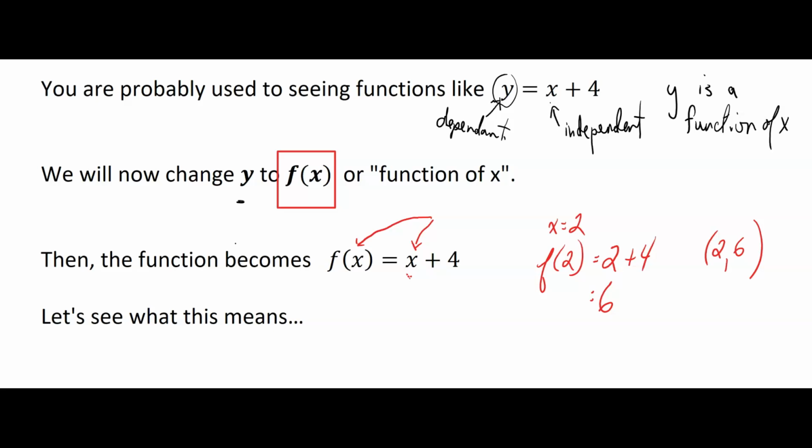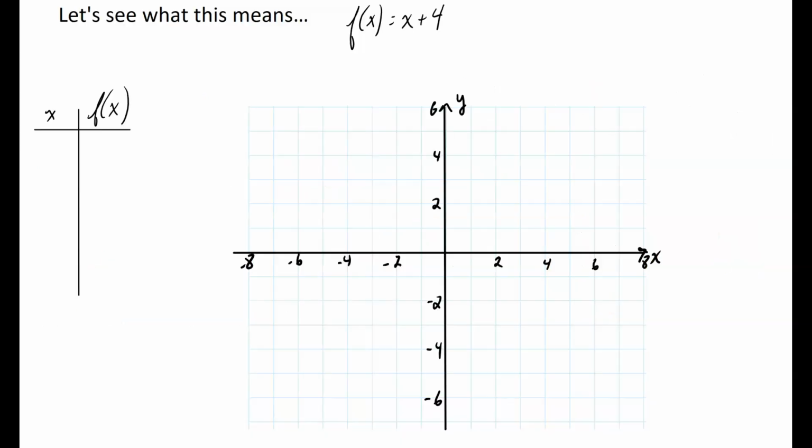Okay, so let's see what we mean as we plot some different points for this particular function. We're going to see what this function looks like once it's graphed. I'm going to substitute some values for x, and we will find out what the corresponding f of x or y value is, and we'll get some points.